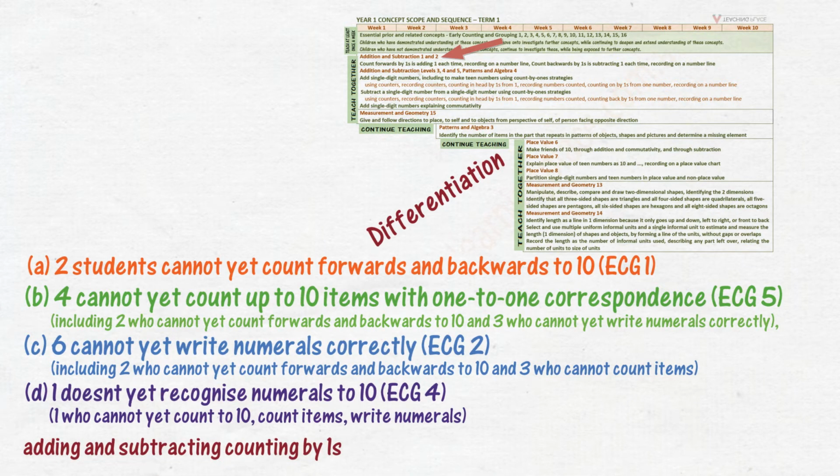All students can engage in the explicit teaching segment of the lesson involving A, counting forwards and backwards to 10, B, counting up to 10 items with one-to-one correspondence, C, writing numerals correctly, D, recognising numerals to 10, and adding and subtracting single-digit numbers counting by ones.